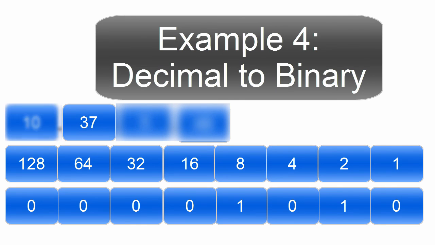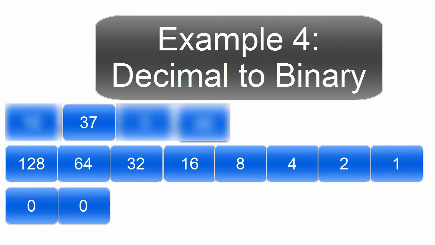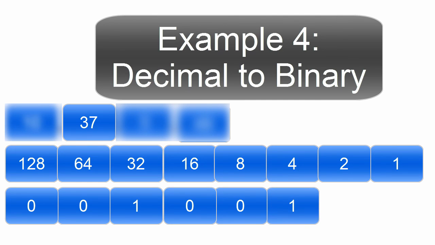And the second octet is going to be a completely new set of 8 binary bits. We have 37, so we're going to have 128 is off, 64 is off, 32 is on, 16 is off, 8 is off, 4 is on, 2 is off, and 1 is on.